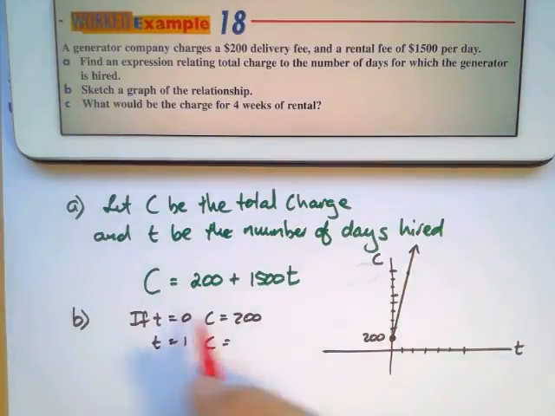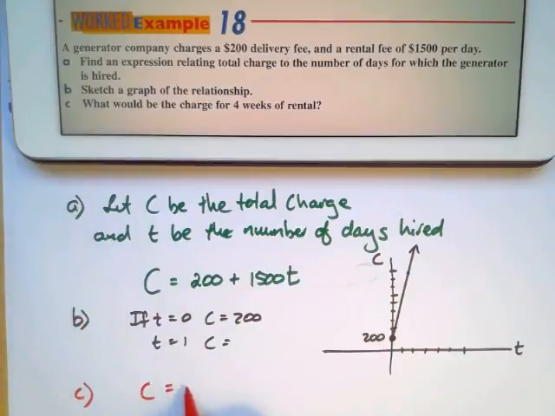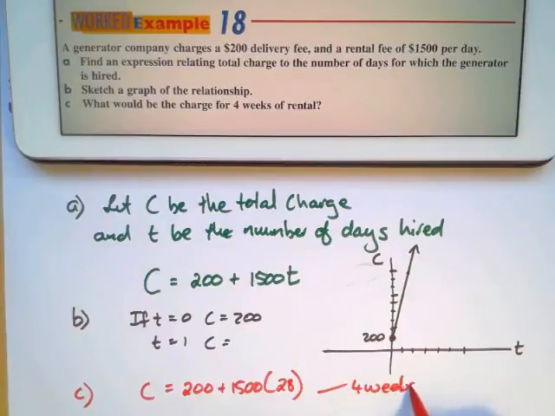So what I can do is, because I have this, I can just say for C, what would be the charge? Charge will be 200 plus, and I'll just substitute for T 4 weeks. Now 4 weeks is 28 days. 4 weeks is 4 times 7 equals 28.